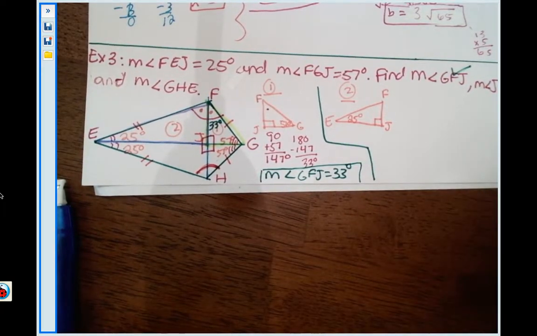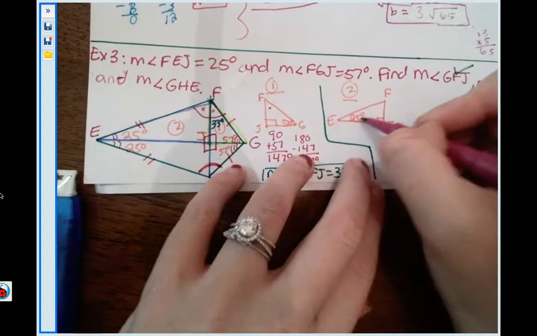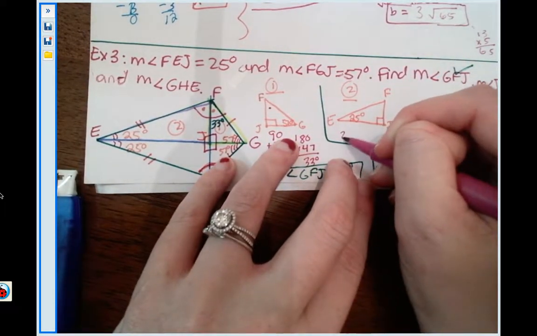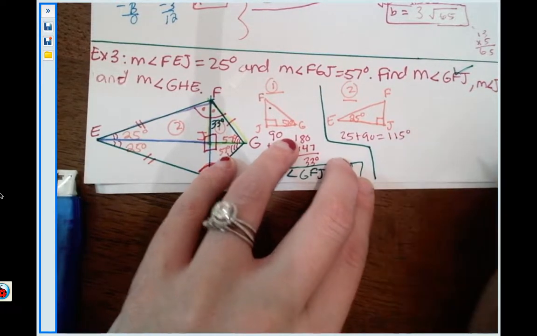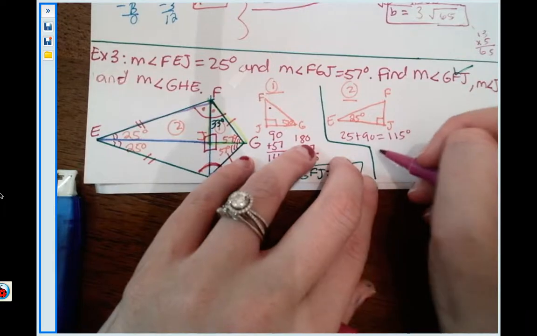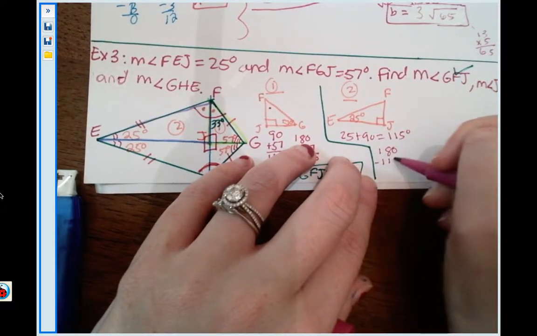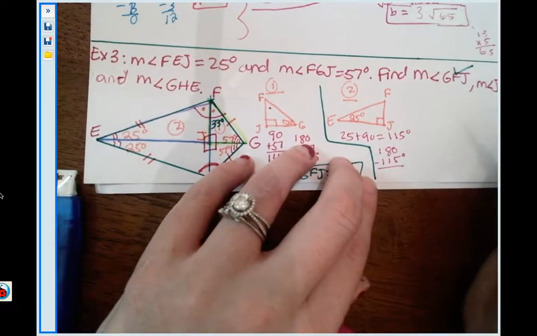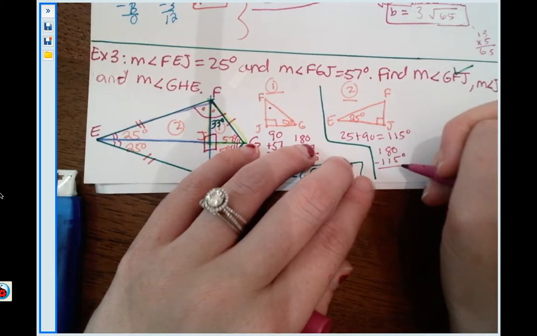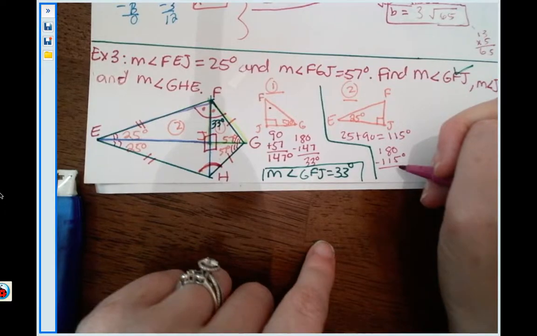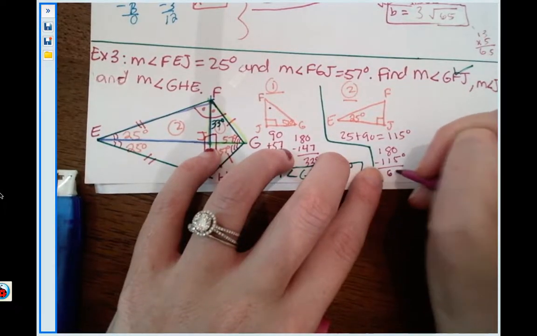Look at that. So we're going to add those bad boys together and subtract from 180. So 25 plus 90 equals 115 degrees, subtracted from 180. So 180 minus 115 is going to give me, let's see here, 180 minus 100 is 80, minus 15 is 65.